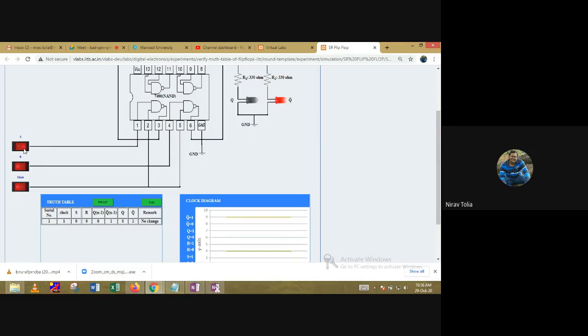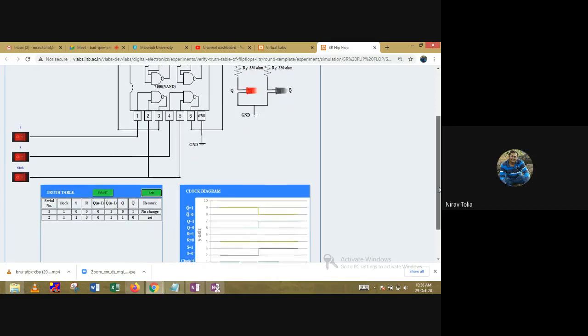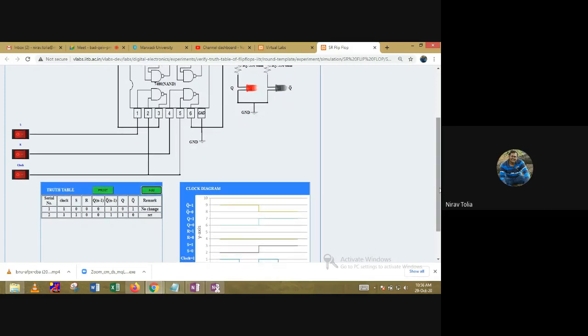Suppose my S is 1, add to the table. Each and every time we have to apply the clock. Then it is known as the set. Suppose my S is 1, R is 0.